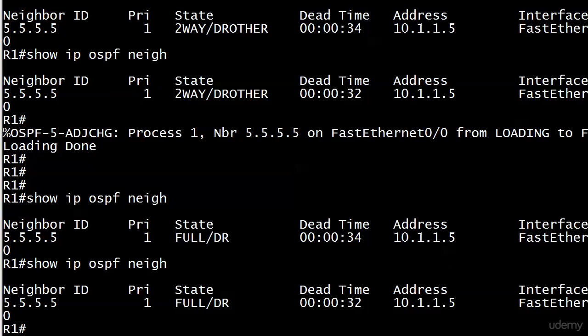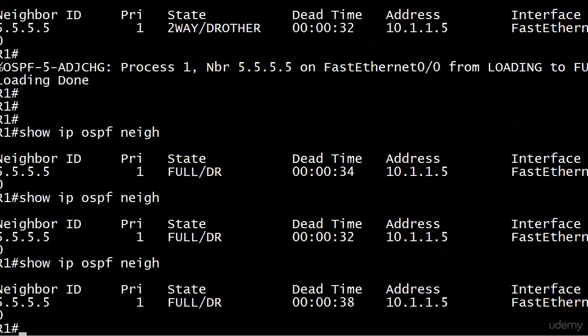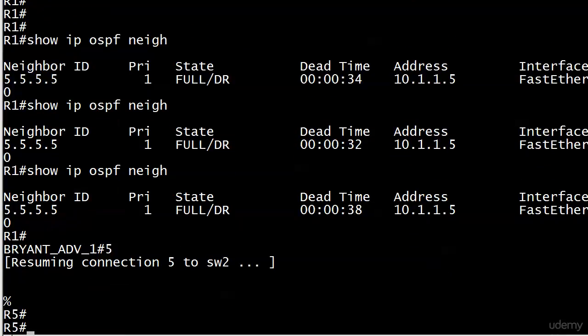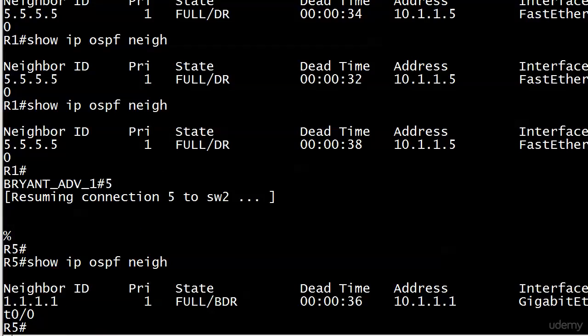So anytime you catch it here, dead time 32, a couple of seconds later it will have refreshed because a hello would have come in. And we see the remote address through which the adjacency has been formed, and the interface as well, with local being FastEthernet 0/0. So we're good there. Let's go over on router 5 and run the same command. And we see exactly what we expect to see.